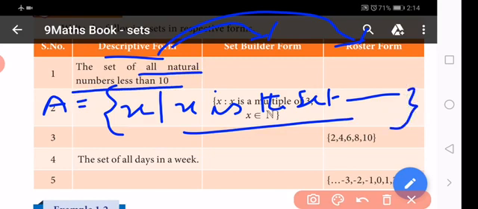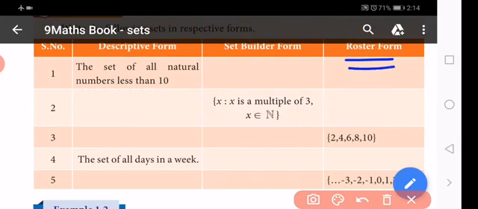That's all. This is the set builder form. You understand? Okay. Next, in roster form, the set A equal to, within the set notation, we write all the elements separated by commas.